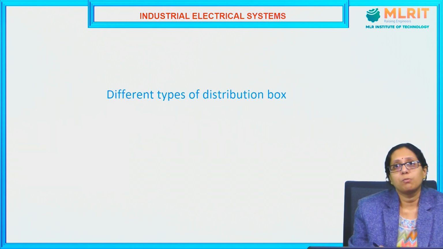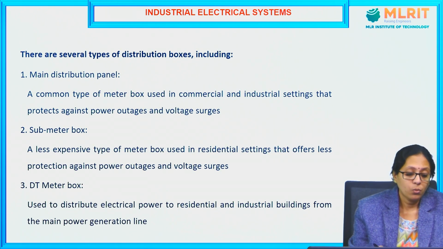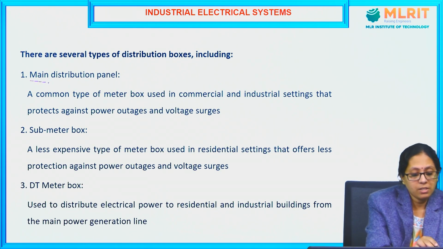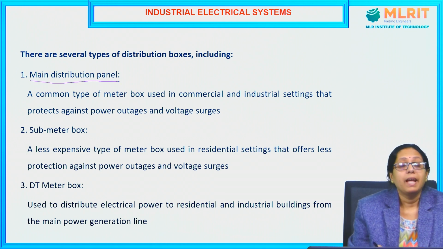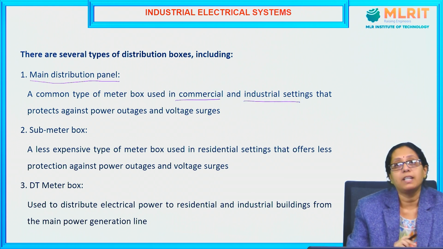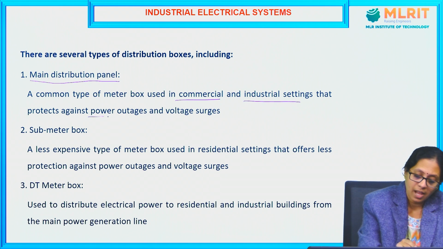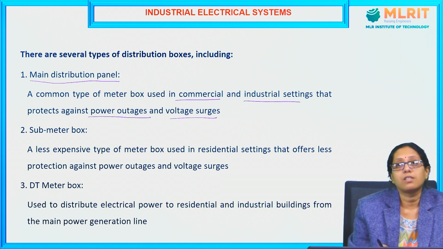Different types of distribution box. What are the different types of distribution box? First one is the main distribution panel, a common type of meter box used in commercial and industrial settings that can protect against power outages and voltage surges.